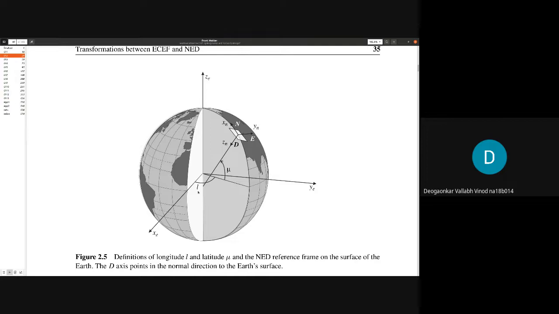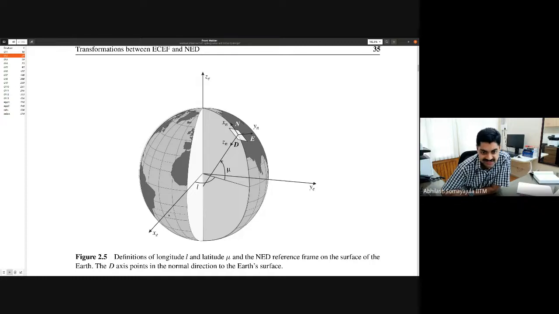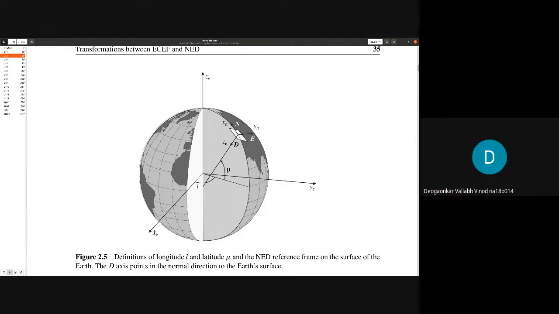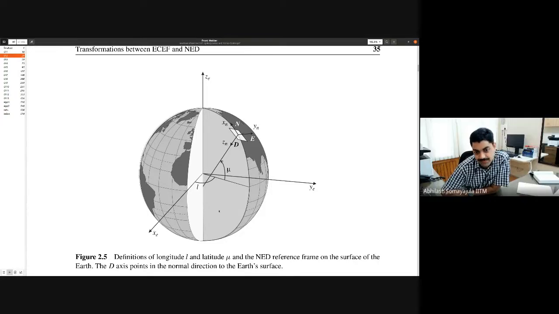So this x-axis is along the prime meridian. Correct. So it will be in line with the Greenwich Observatory. So this will correspond to 0 longitude. And then from there we are measuring the longitude based on the positive convention with respect to the ZE axis.